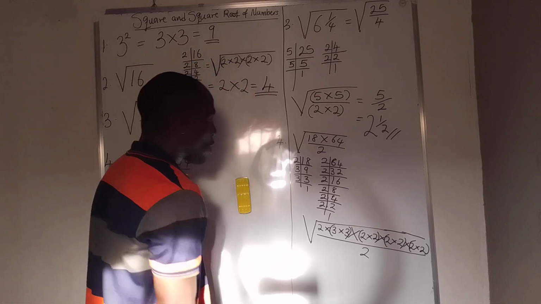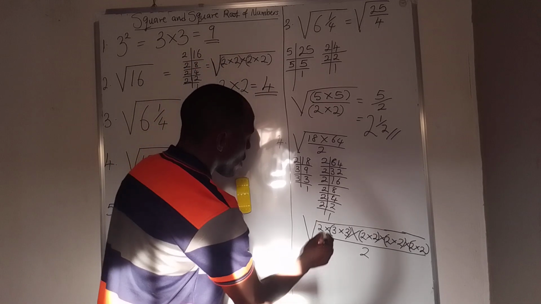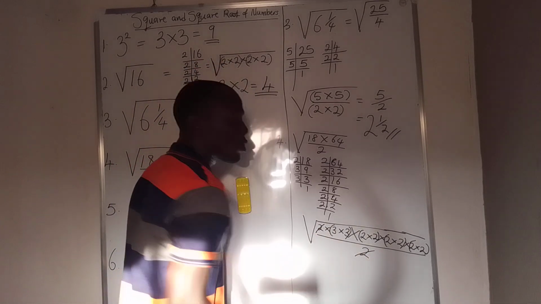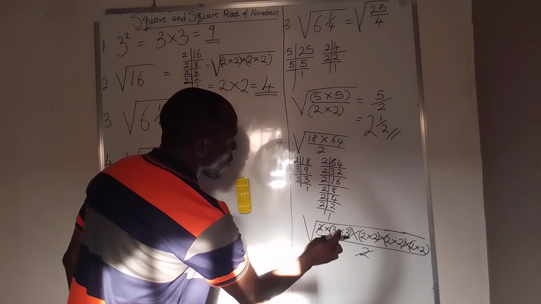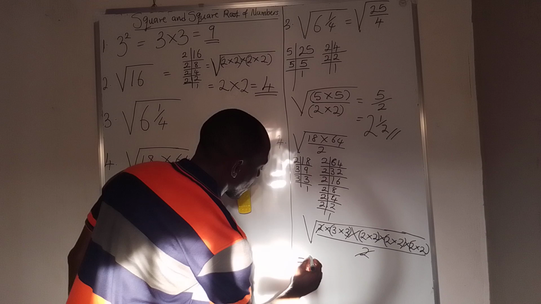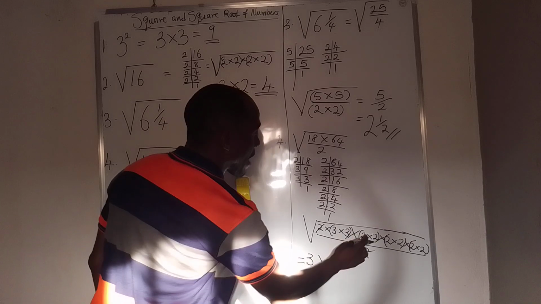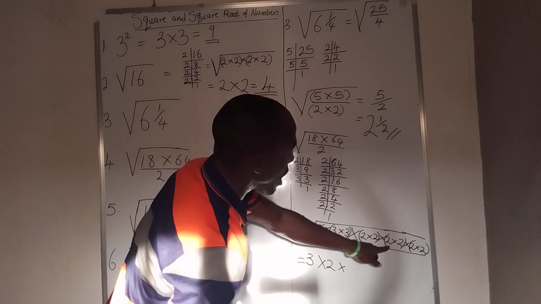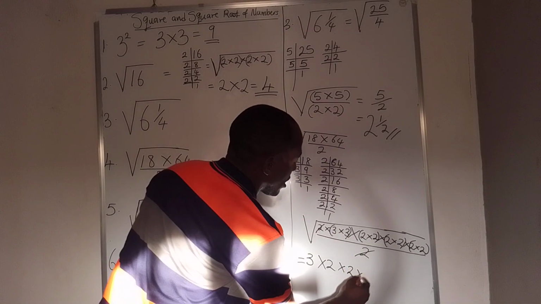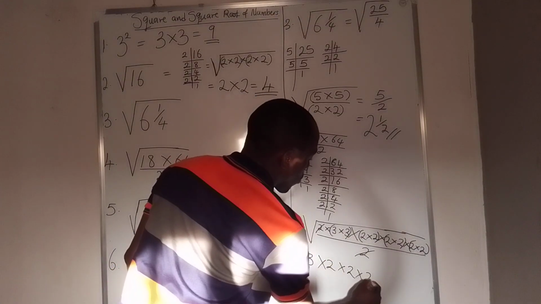So what do we do? For the ones that don't have a partner, we just strike them out. 2 will cancel 2, which gives us 1. So for our answer, 3 and 3 are the same, we pick 1. 2 and 2 are the same, we pick 1. 2 and 2, we pick 1. Lastly, 2 and 2, we pick 1.